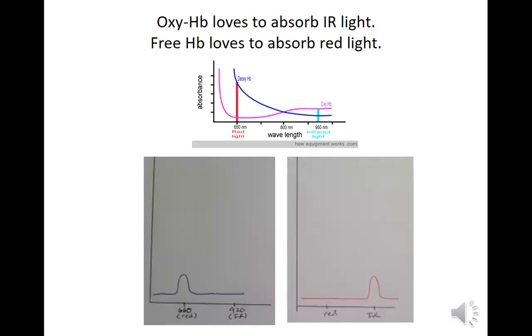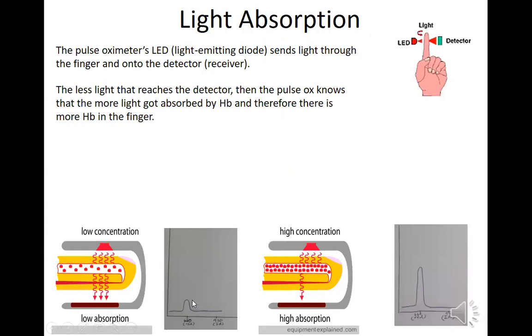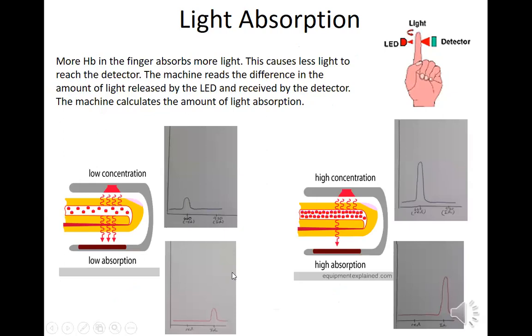So this is just showing you, just go through these and see the different percentages. I'm not going to ask you about these little bumps in this hill, but make sure you know that the light comes down from the top, the LED, it's absorbed on the bottom, and the two wavelengths that both absorb at. So you can see this is looking for free hemoglobin because it's absorbing more red light, which is not what we want, right?